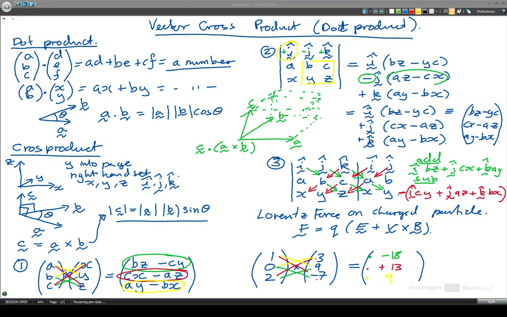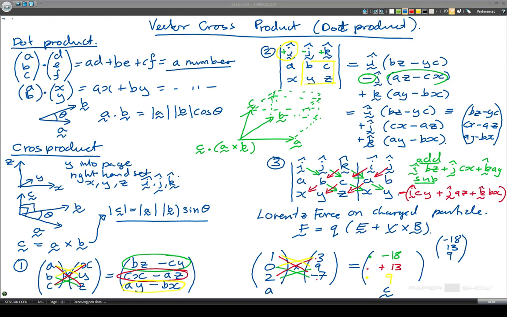Now, just to check that it has worked, we can take this vector, which is the cross product of these two here.